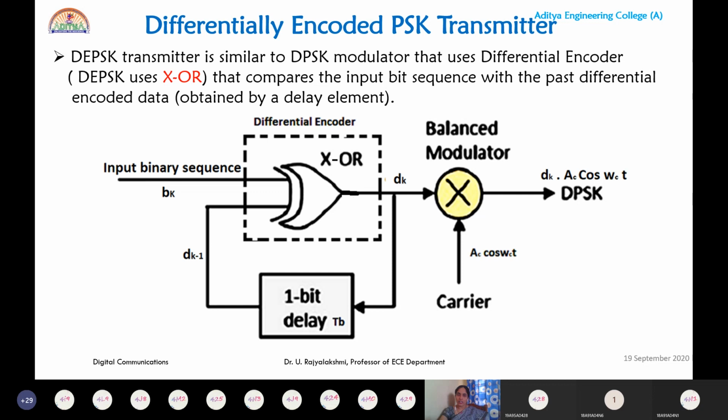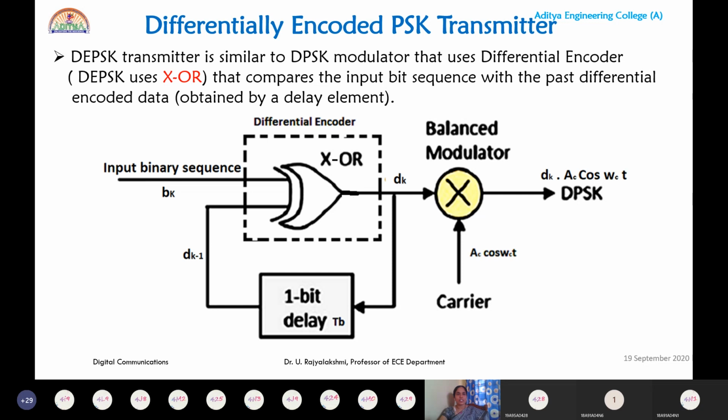See, in the case of DPSK, the output is dk into Ac cos omega ct. In the case of DEPSK also, it is the same, dk into Ac cos omega ct. But the sequence is not the same. Actually, DPSK signal is not equal to DEPSK signal.